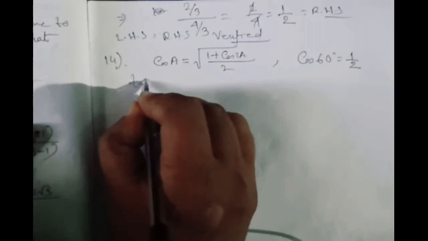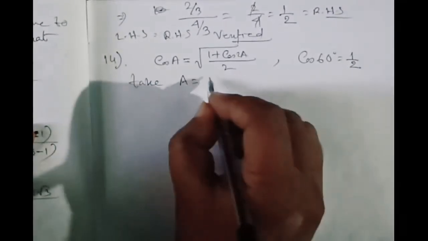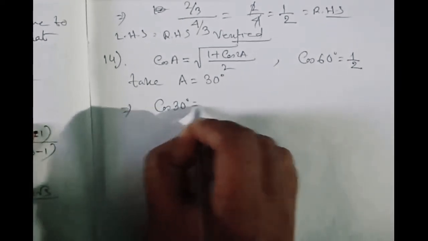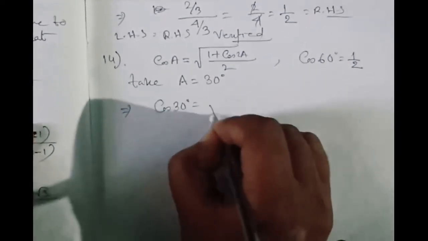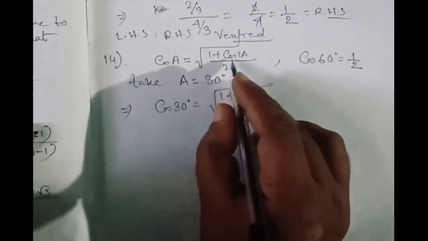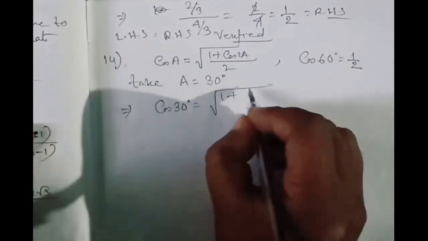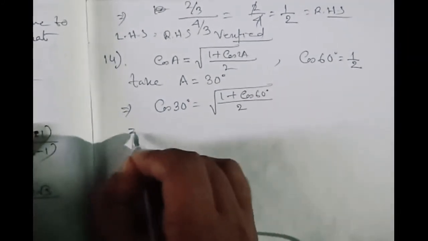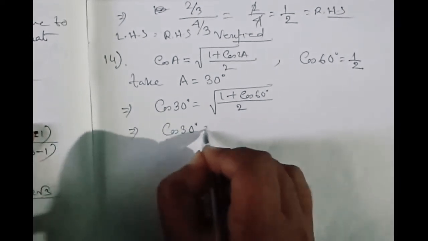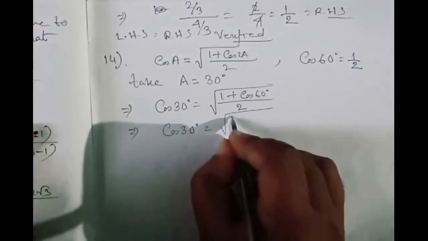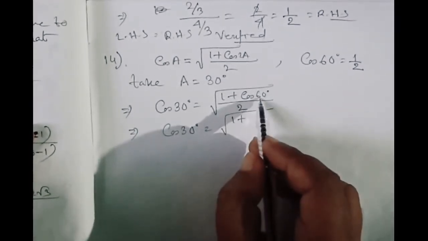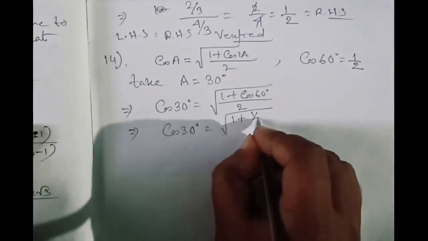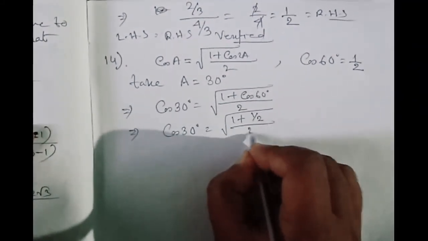So, take A is equal to 30 degrees. So, we get cos 30 degrees equals root under of 1 plus cos 2A, with A equal to 30 degrees this is cos 60 degrees, by 2. So, cos 30 degrees equals root under of 1 plus cos 60, that is 1 by 2, by 2.